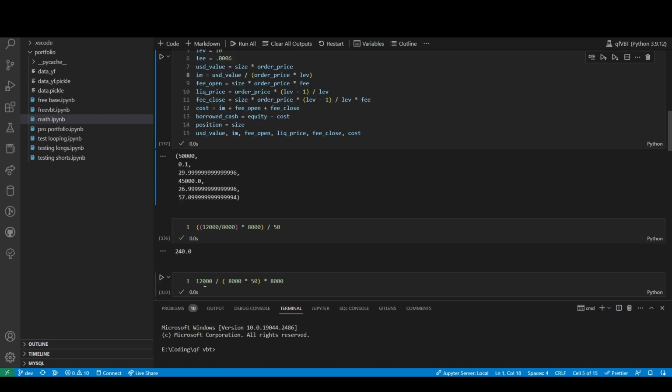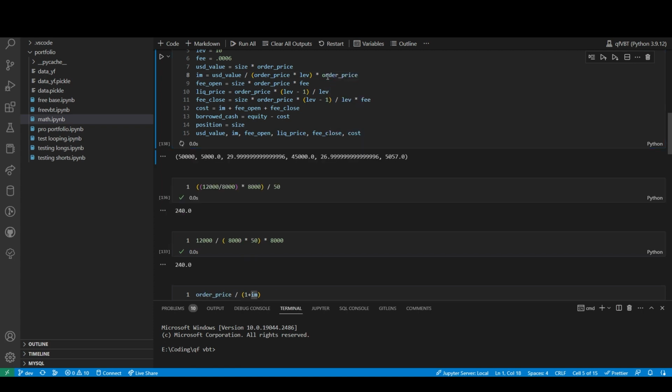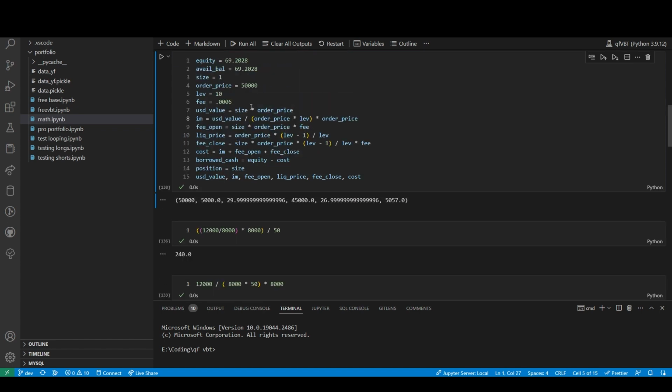I have my USD times order price. Okay, so that's what that is. Fees to open. Oh man.